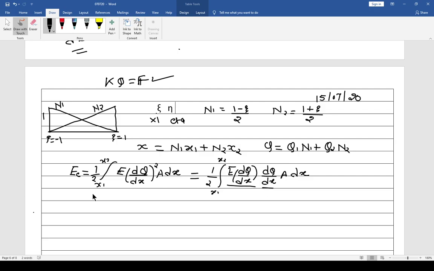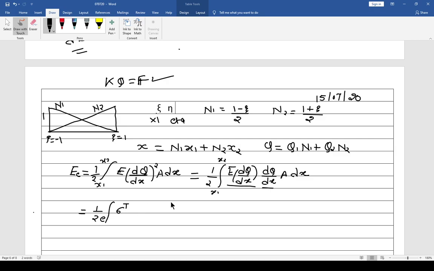Okay, so therefore I write E as 1 by 2 integration over the element, it is sigma transpose because it is a matrix.